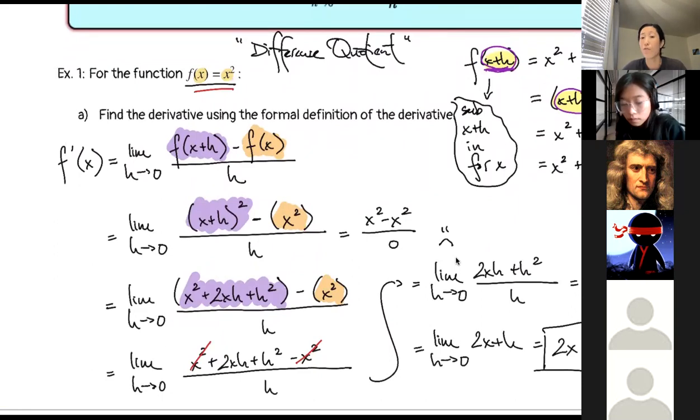We call it the formal definition of the derivative. And we used that formal definition to find the instantaneous rate of change, okay? And so we had f of x equals x squared, and at the end, our derivative was 2x.